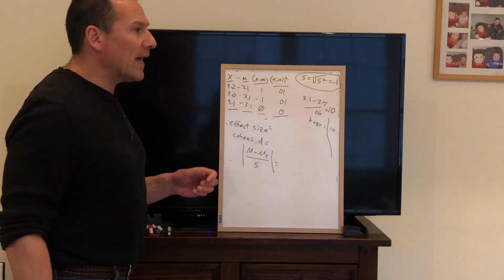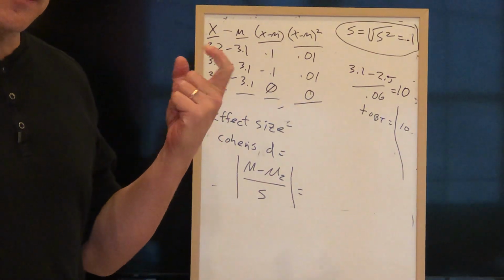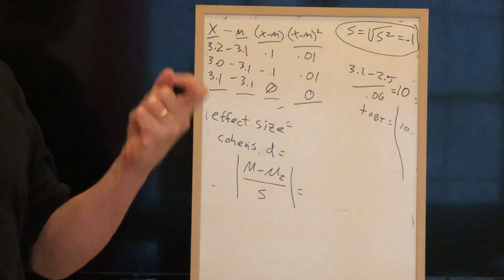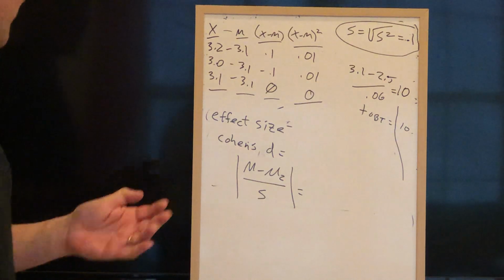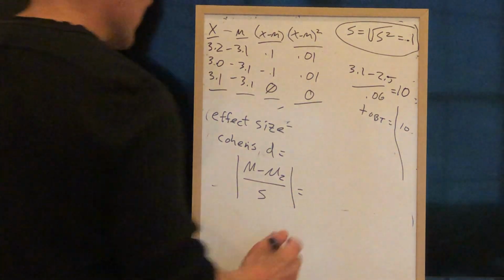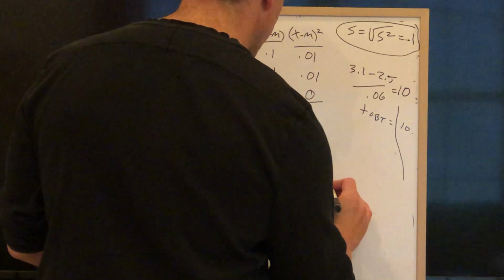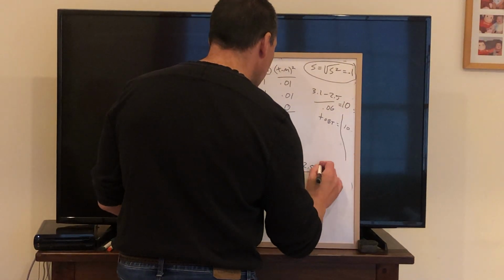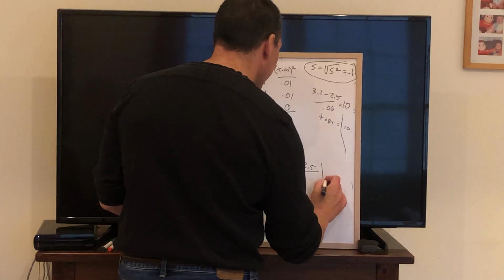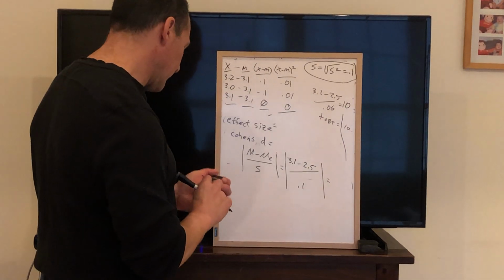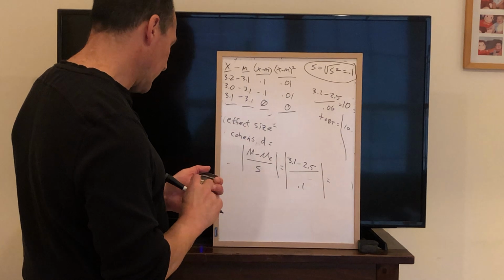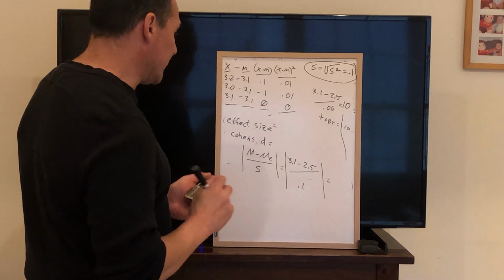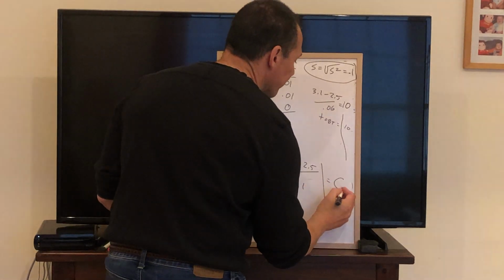So it's looking at my mean compared to the mean of my general population relative to my estimate of the population level standard deviation, which in this particular case is 3.1, absolute value 3.1 minus 2.5 divided by 0.1, which is actually 6.